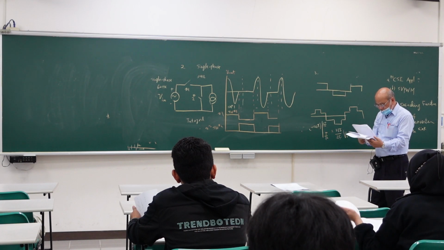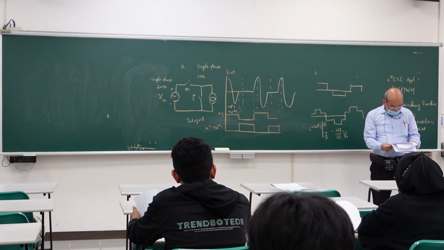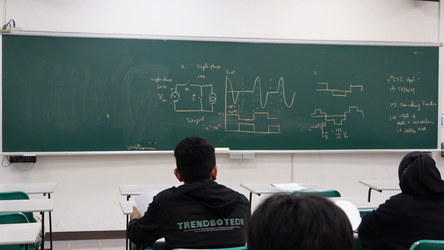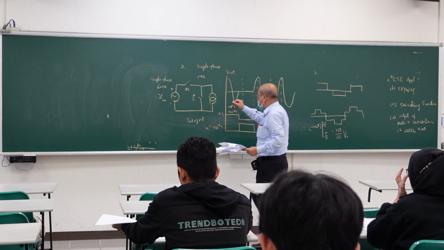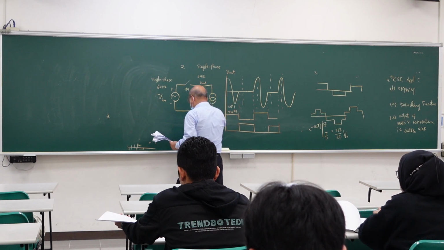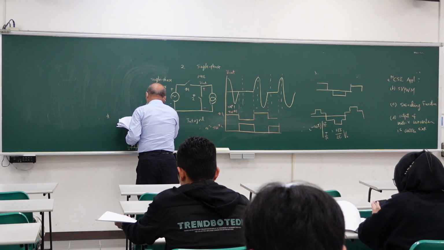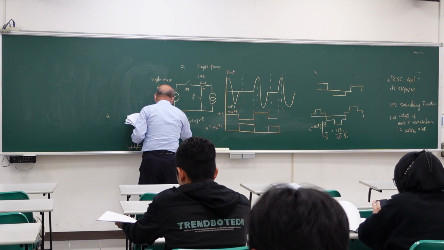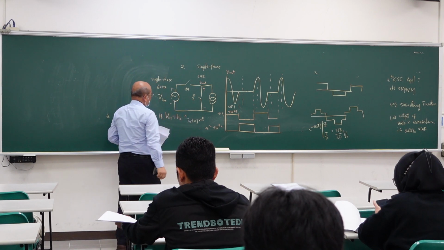Now we want to write the Fourier series of H1. So you can see this is V out here, and V out equals H1 V in plus H2 times 0.